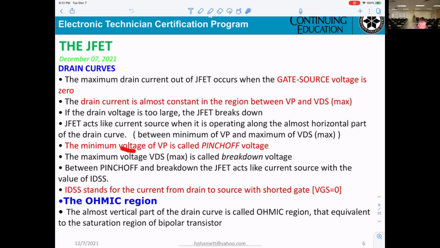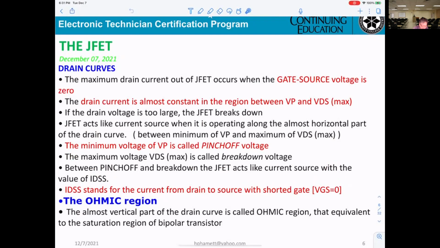The minimum voltage VP equals the pinch-off voltage. The maximum voltage VDS max equals the breakdown voltage. Between pinch-off and breakdown, the JFET acts like a current source with the value of IDSS. IDSS stands for the current from the drain to the source with shorted gate, that means with VGS equal to 0.